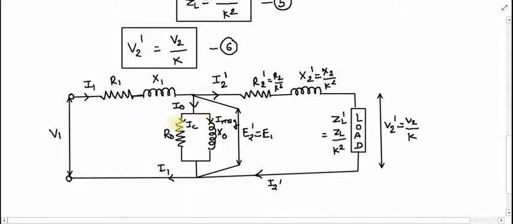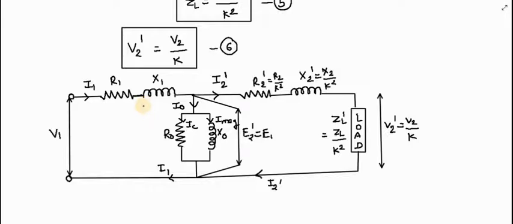If I move this shunt circuit before R1 and X1, a small error is introduced because we have to neglect the drop in the primary leakage impedance of the winding caused by the no load current I0. And as we are neglecting this error, if I transfer this shunt branch to the front side, then this circuit will become the approximate equivalent circuit of the transformer.